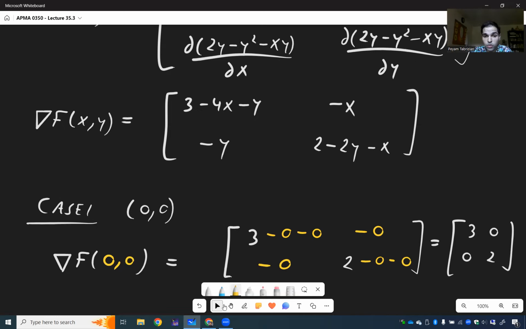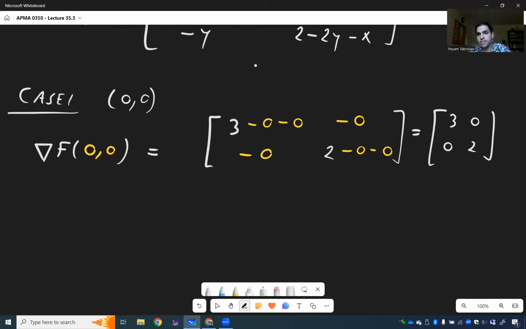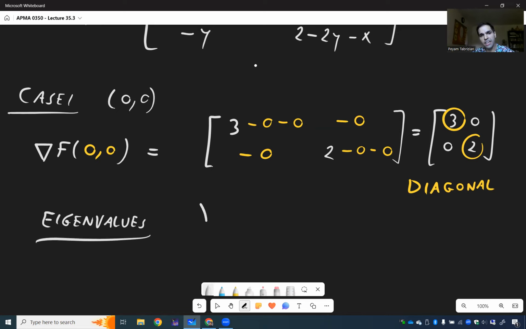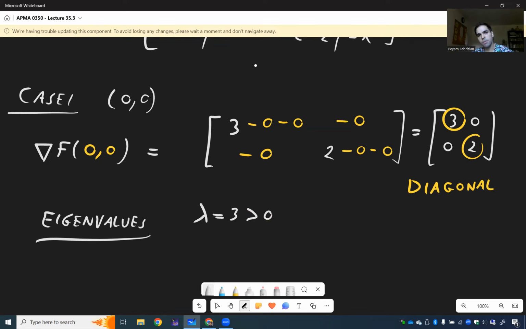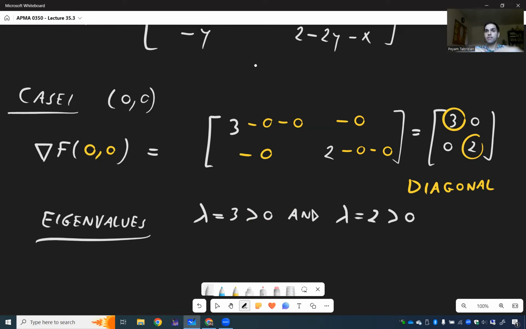Which, if you want, you can use the determinant trick, but notice this is actually diagonal. So actually you can read off the eigenvalues. So here the eigenvalues are lambda equals 3, which is positive, and lambda equals 2, which is positive. So solutions move away from the origin. So in this case, (0, 0) is unstable.